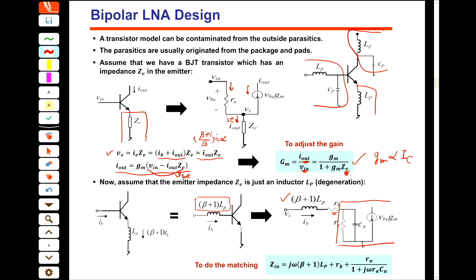The value is very low. So to do the matching for a bipolar transistor, the LNA transistor, we have to match this Z in to the source.